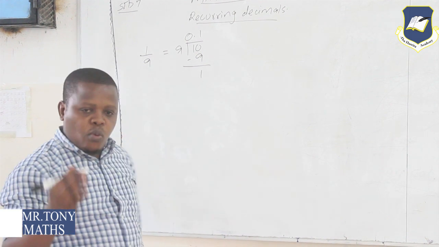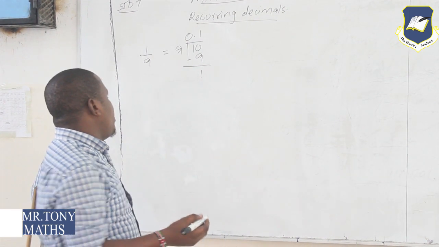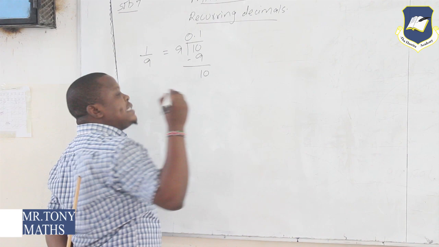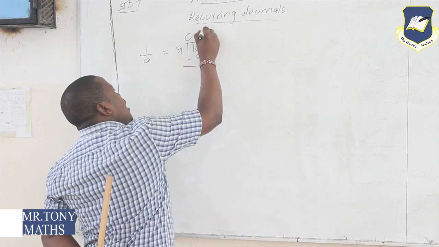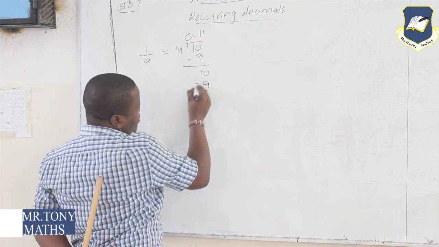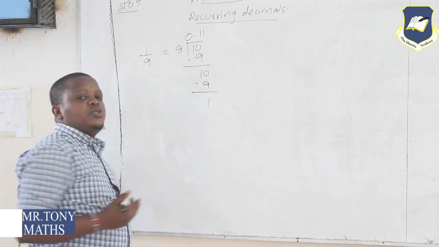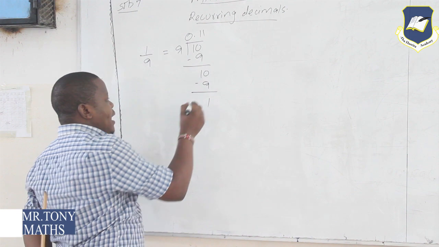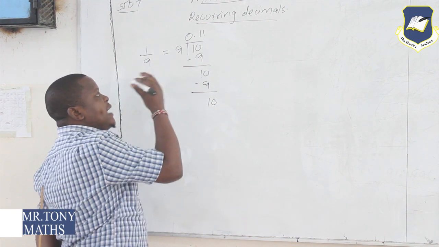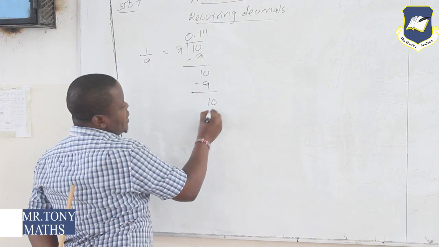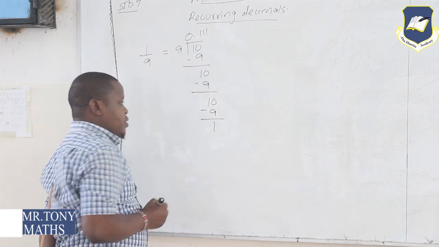You still find out that 9 won't go into 1. So you add another 0, still 9 goes into 10 once, you get 9, you subtract, you get 1. Again, 9 will not be able to go into 1, so you add another 0, then again 9 goes into 10 once. Get 9, subtract, you get 1.